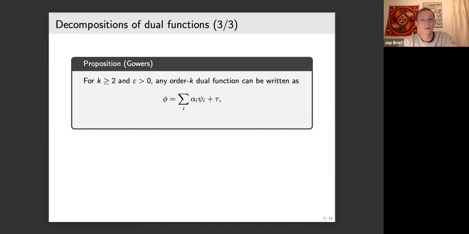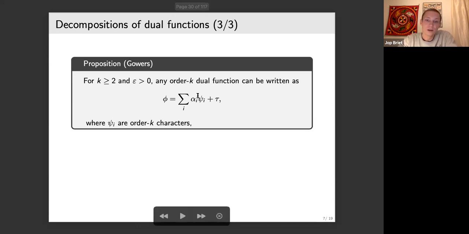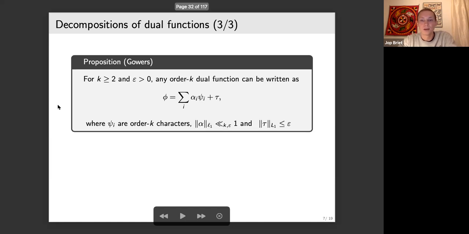Combining these ingredients, what you can show is that for any k and epsilon of your choice, an order k dual function for any pattern can be written as a linear sum of order k characters, where the coefficients you multiply these characters with have bounded L1 norm, and where you have to add a small error function, which is small on average.